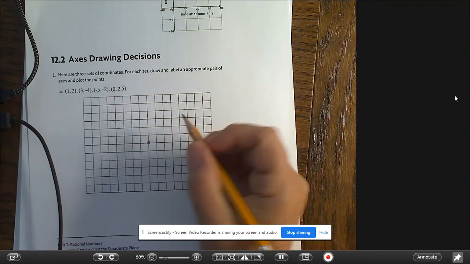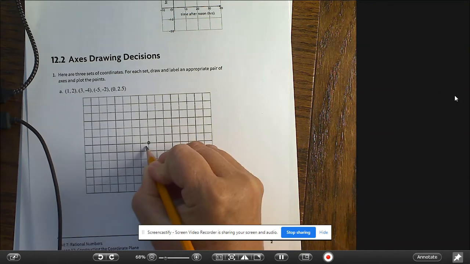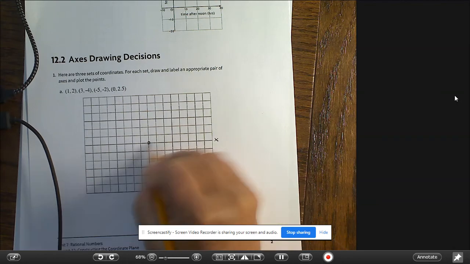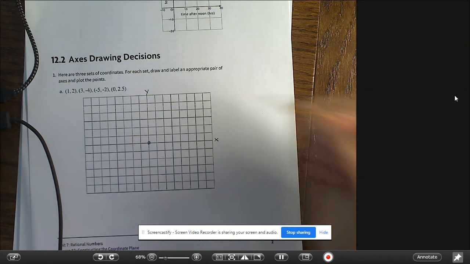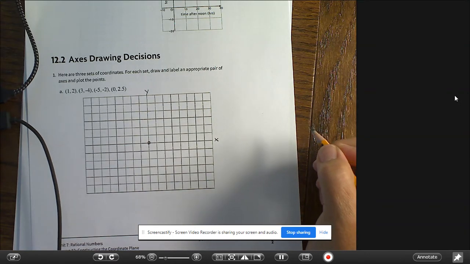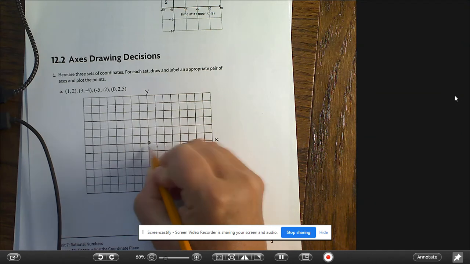So I'm just going to count by ones on this, and I'm putting my origin in the middle, which is 0, 0. So I'm going to label this X. The one across is my X-axis. The vertical line is my Y-axis, and I'm going to plot the points. So first we have, this is 0.